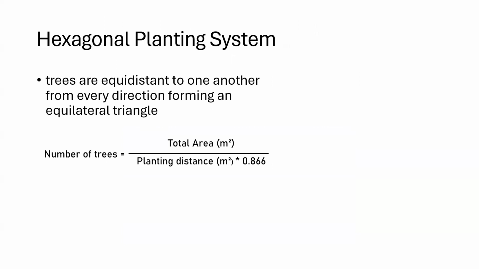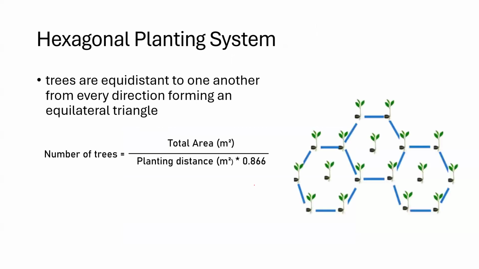In hexagonal planting system, all trees are equidistant to one another from every direction, forming an equilateral triangle or a hexagon. So this is an illustration showing a hexagonal planting system. So equilateral triangle daw. Yan, triangle.